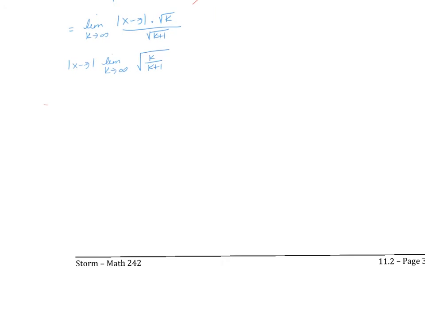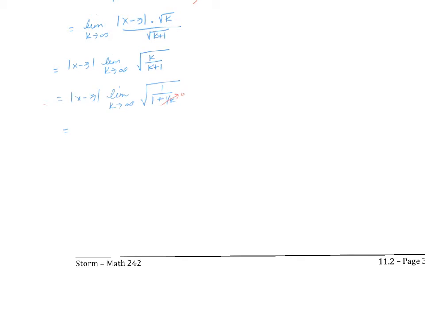But now I can divide the terms by k, top and bottom, to get the limit as k goes to infinity of the square root of 1 over 1 plus 1 over k. And now I can see as k goes to infinity, the 1 over k is going to go to 0. This limit is simply the square root of 1, which is 1.